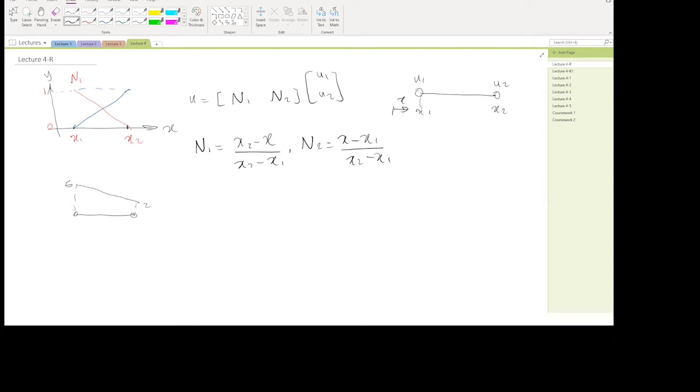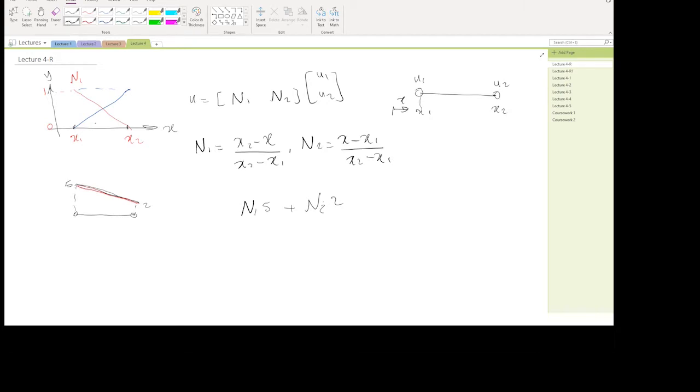Then in between, the displacement varies in this way. And if you multiply N1 with 5 plus N2 multiplied with 2, you can exactly recover this line here.